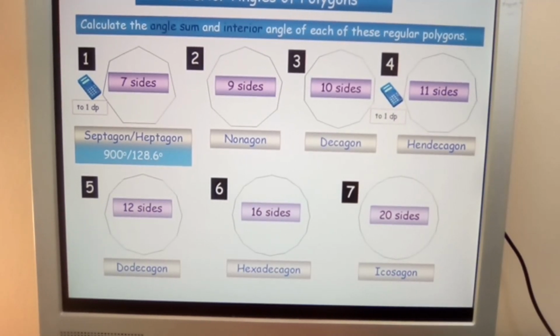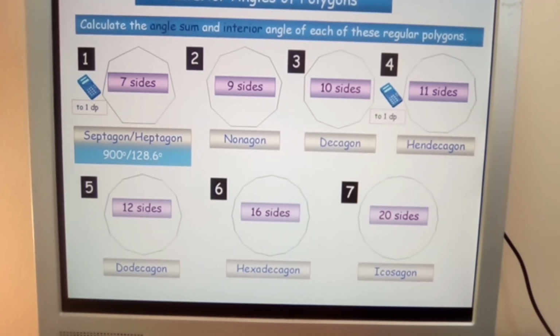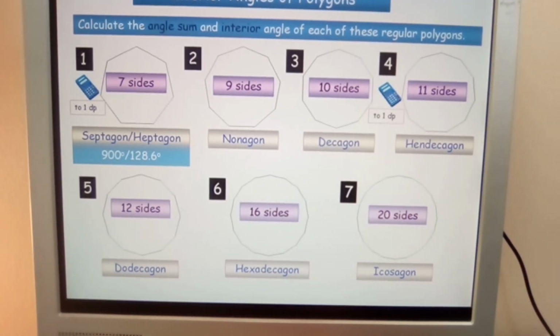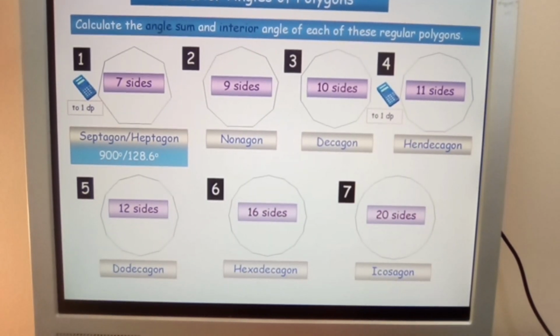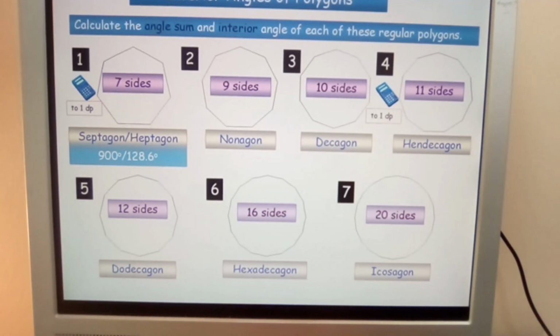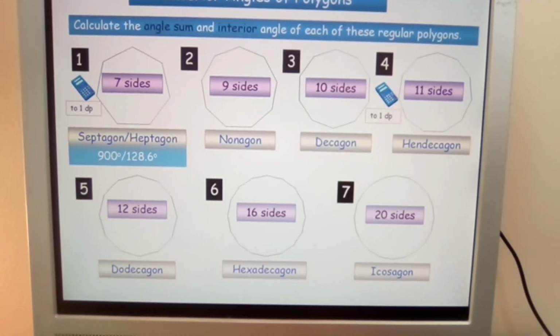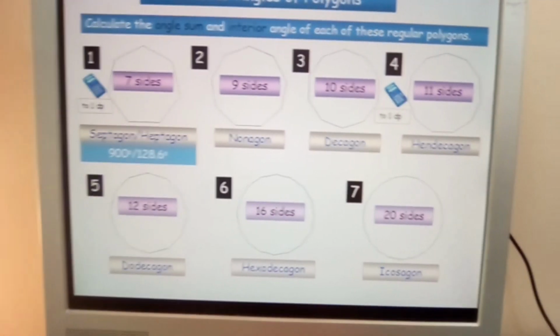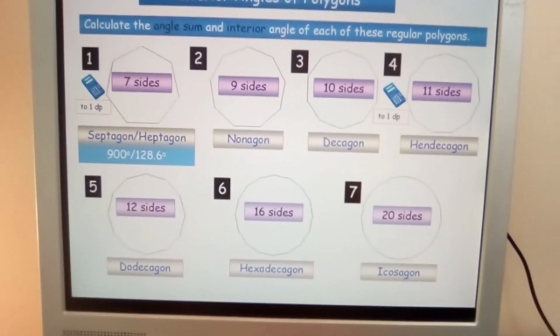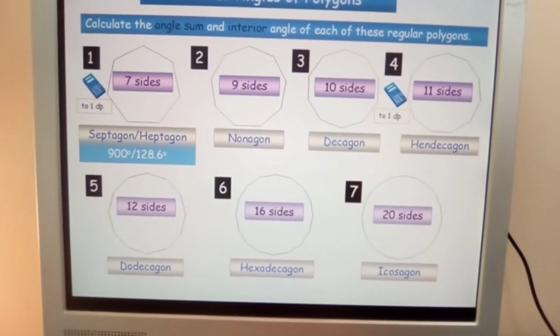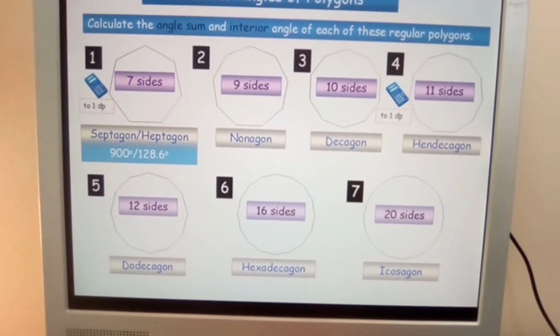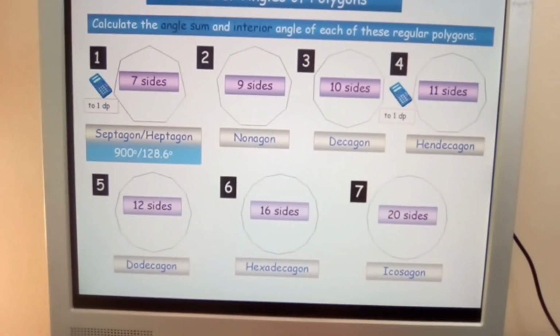Septagon, heptagon, 900 degrees, 128.6 degrees. Let me just check something here for myself.